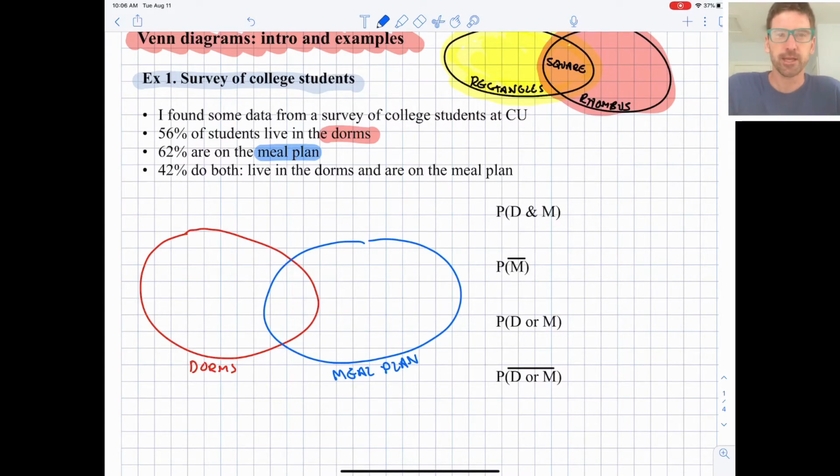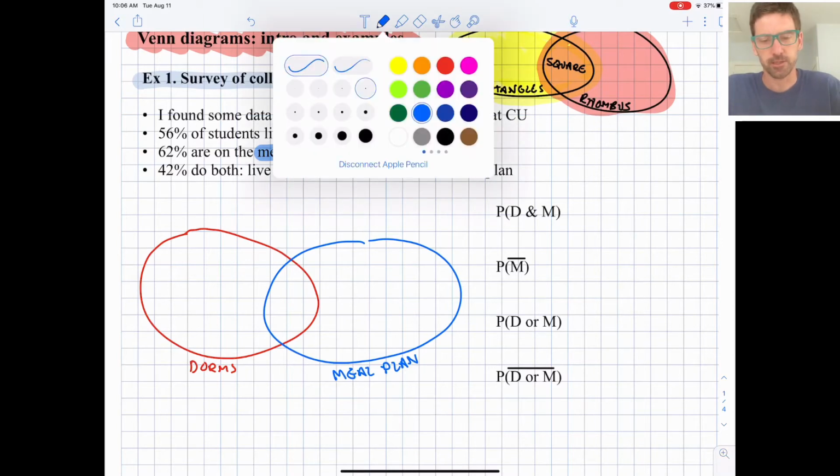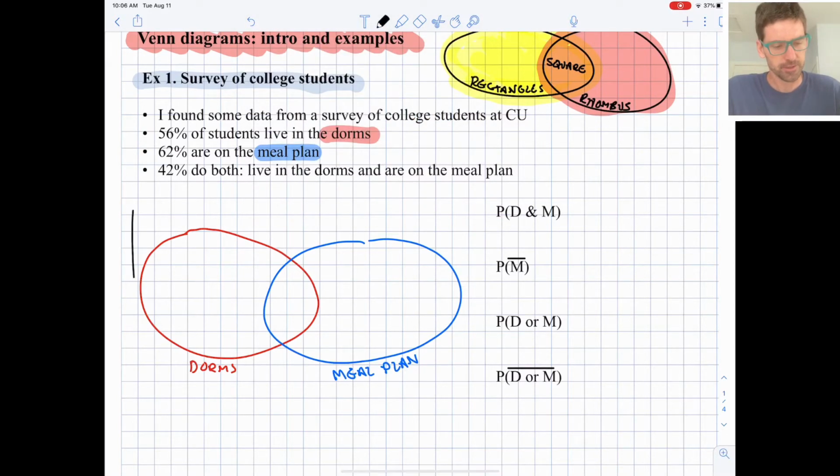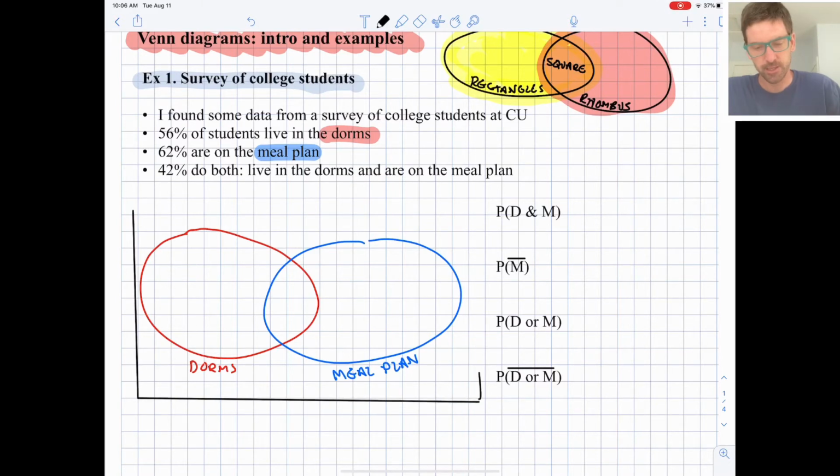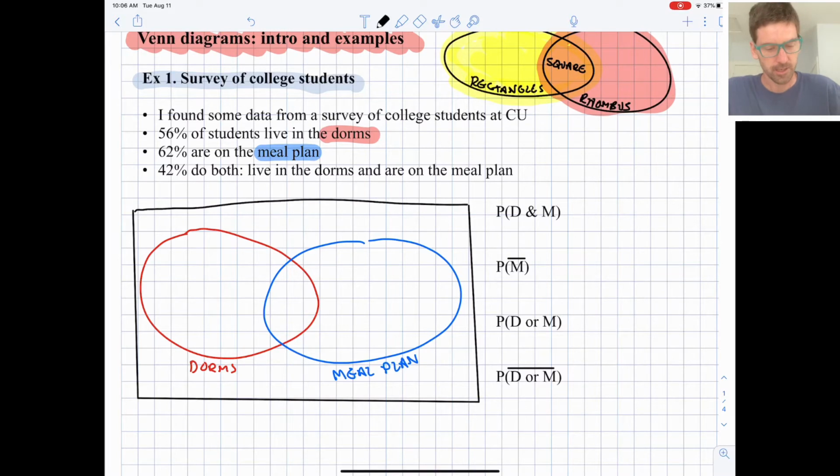And so we actually have 4 groups of people here, because I am going to draw what we can think of as the sample space, the entire group of people that was surveyed. And this is all the people together. Okay, so we have 4 categories here.